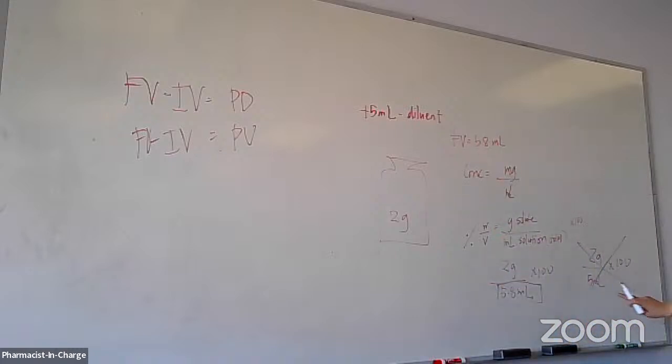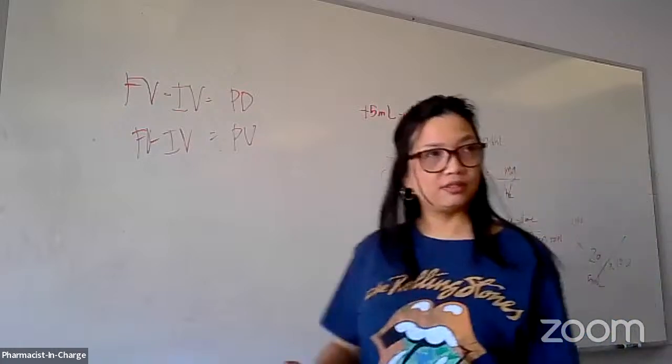But the question wasn't percentage, right? If it's percentage, let's try to get it in percentage. 2 grams divided by 5.8 times 100. What is this in percent? On the problem, but what is it in percent? 2 divided by 5.8 times 100 is?